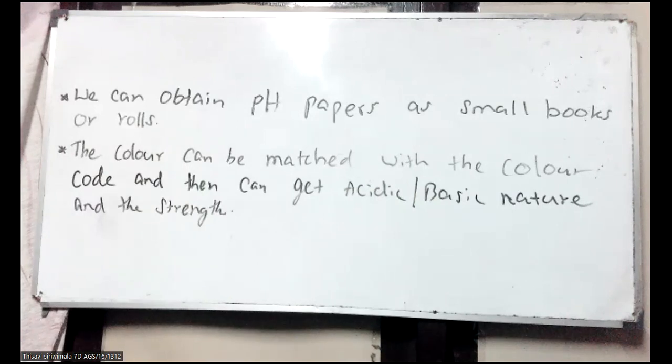We can obtain pH papers as small books or rolls. The color can be matched with the color code and then we can get the acidic or basic nature and the strength.